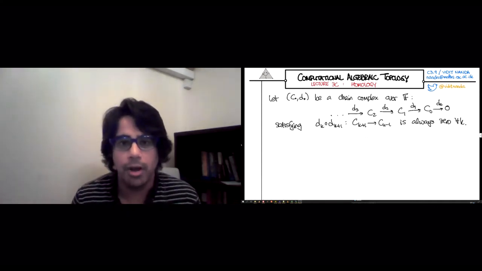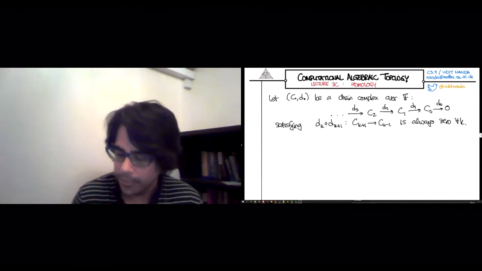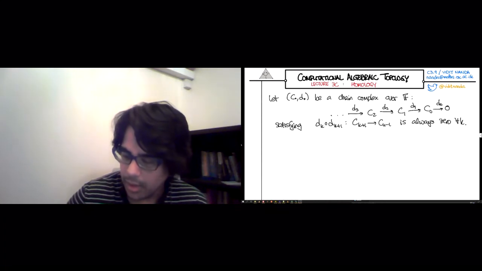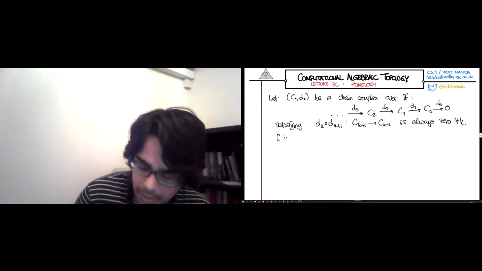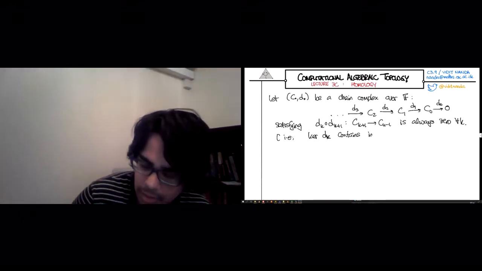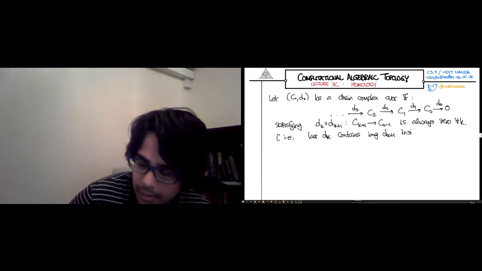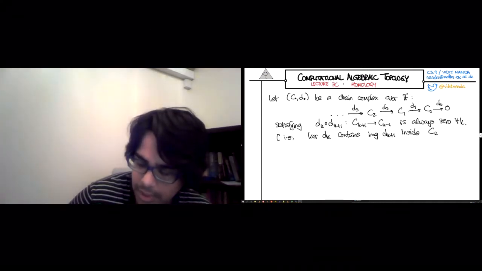It could be some complicated vector space, but when you compose these two linear maps, you always get the send-everything-to-0 map from the first to the second. Okay, so as remarked last time, this is the same as saying that the kernel of dk contains the image of dk plus 1 inside the chain group ck.